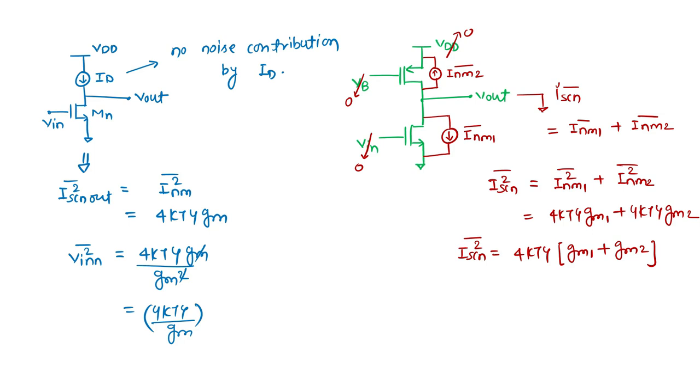But if you want to refer this to the input, we have to find the short circuit transconductance of this entire circuit. You can calculate it if you want, otherwise I will directly say it is nothing but the transconductance of the input device only. So this is your input, and I am calculating the short circuit transconductance. This is my ISC.